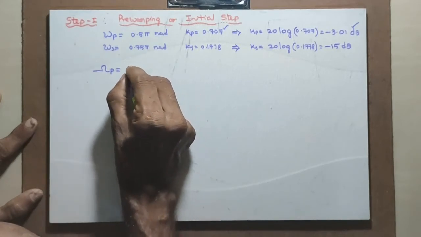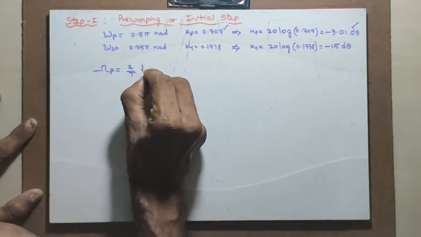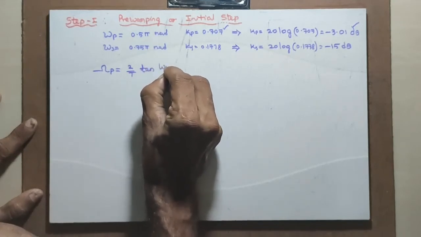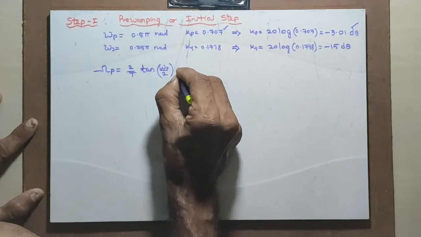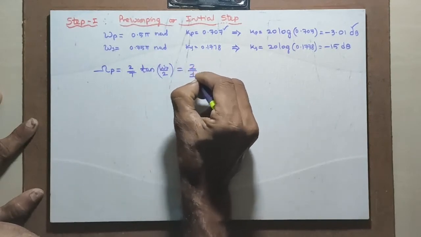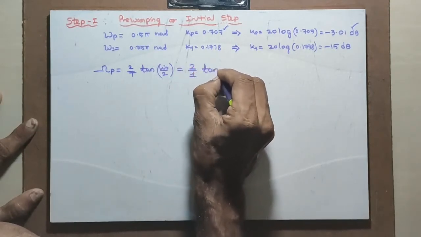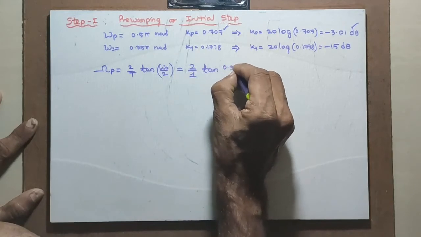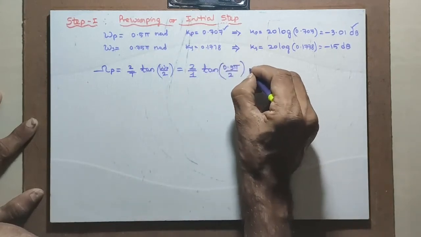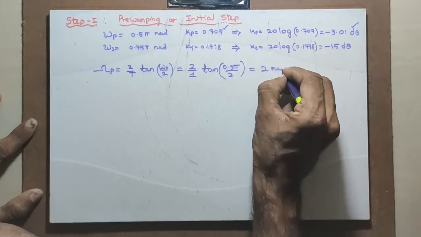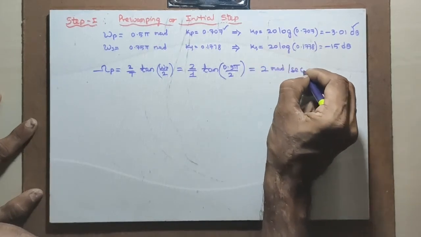That means Ωp is equal to 2 by T tan(Wp by 2). T is 1 second, and the passband edge is 0.5 pi divided by 2. You already have solved this. This comes out to be 2 radians per second.